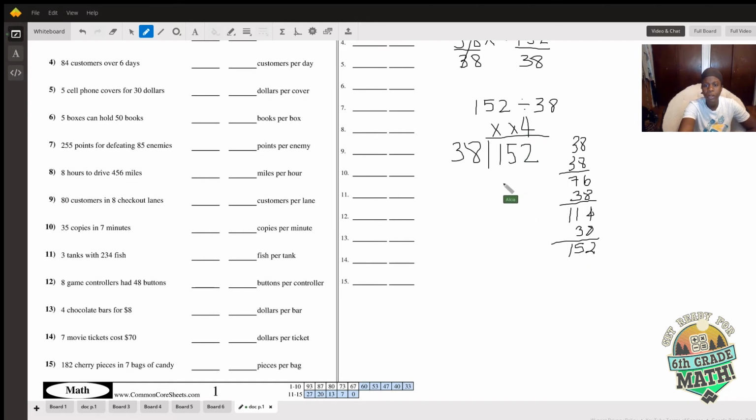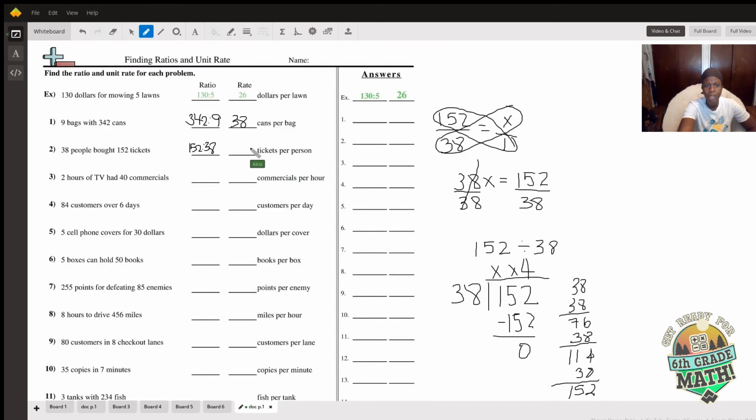So 4 groups of 38 gives us 152. So that makes our unit rate for tickets per person.